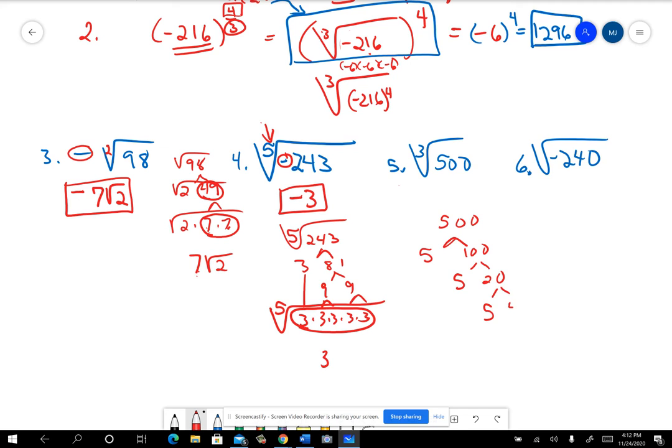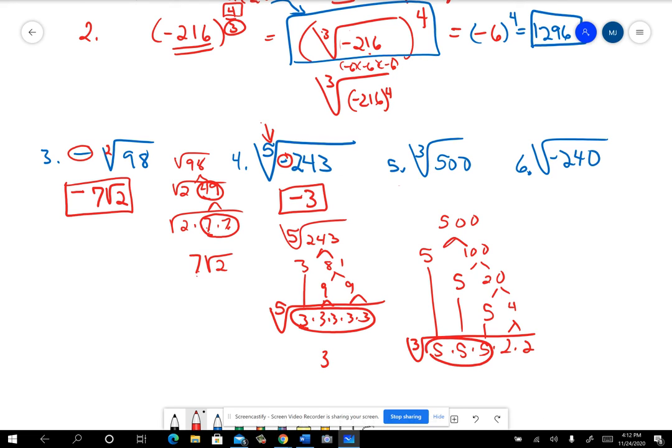That'd be 5 times 4, and then there's 2 2's there. So we have 1, 2, 3 5's times 2 2's. That's completely broken down. That just helps me be able to see all the factors. So if I'm trying to do the cube root of that, I'm looking for groups of 3.